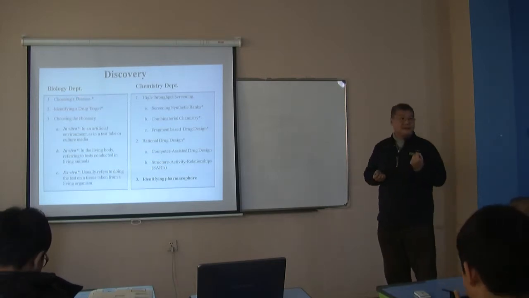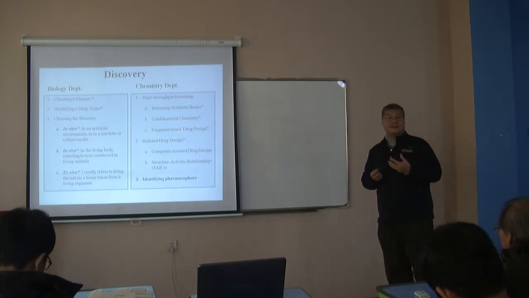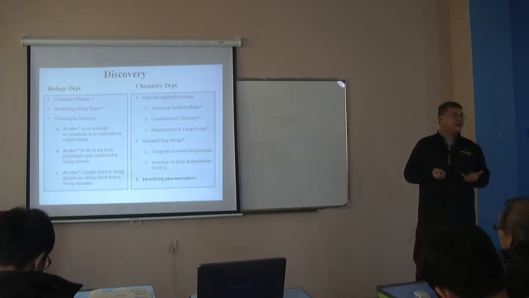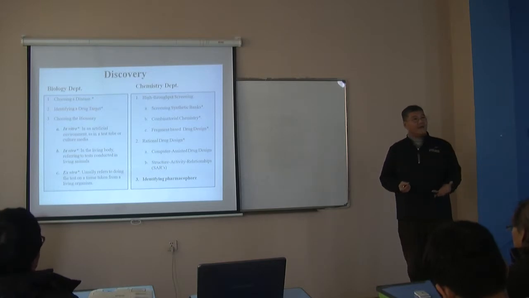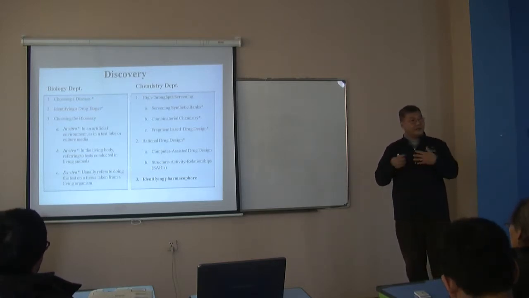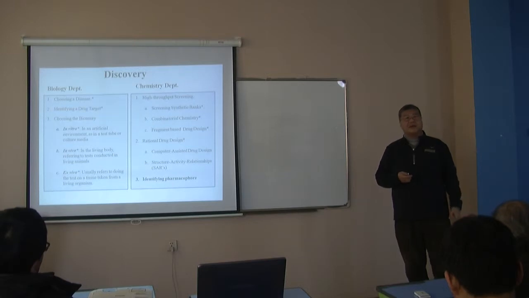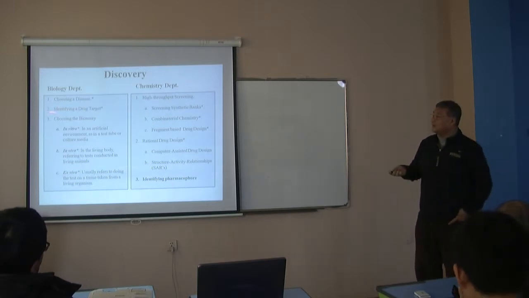Once you find the disease, the biologist usually finds the mechanism of the disease. How does it start? Is it a virus or bacteria, a genetic problem, genetic modification, a receptor problem? What is involved? So they study the mechanism of the disease.